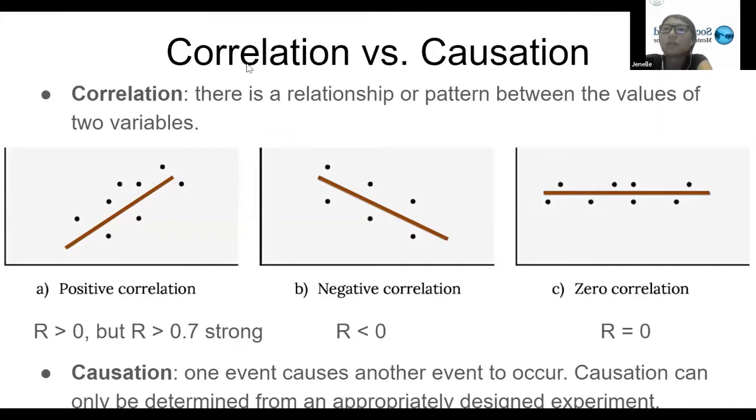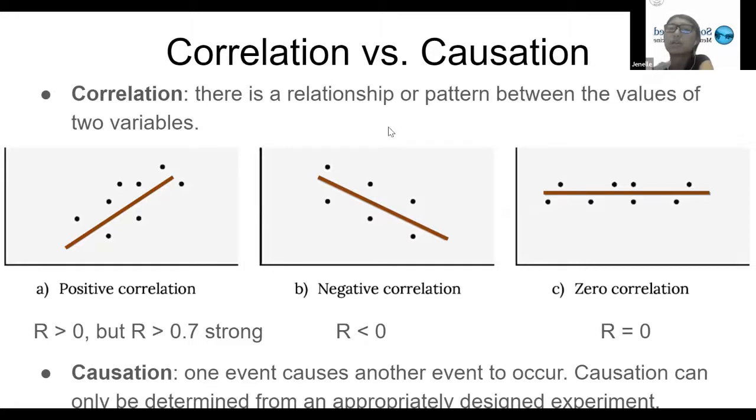And then causation is when one event causes another event to occur. Causation can only be determined from an appropriately designed experiment. The main difference between correlation and causation is that correlation is just looking at a relationship between two variables, but we're not necessarily saying that one variable is causing the other variable to increase or decrease, because you can't really say that unless you have a controlled experiment.